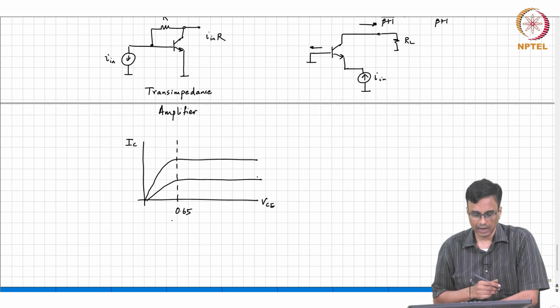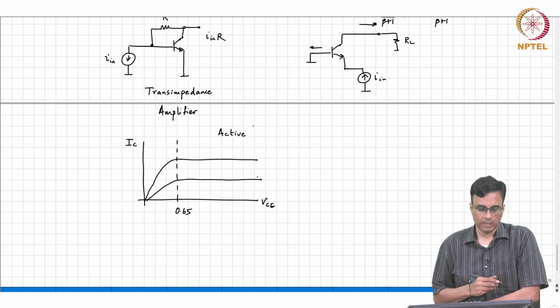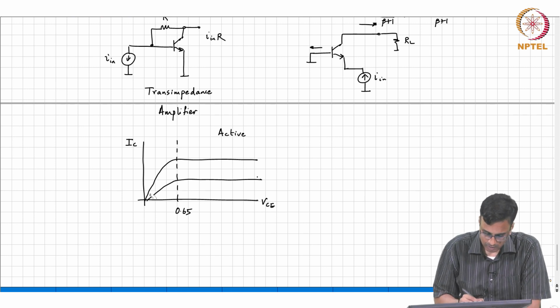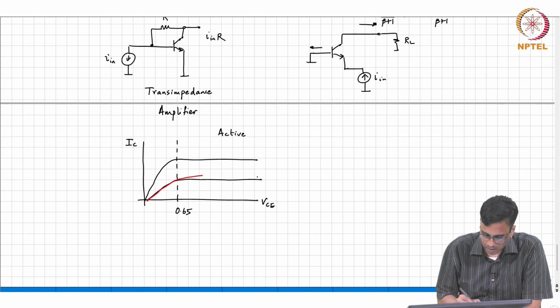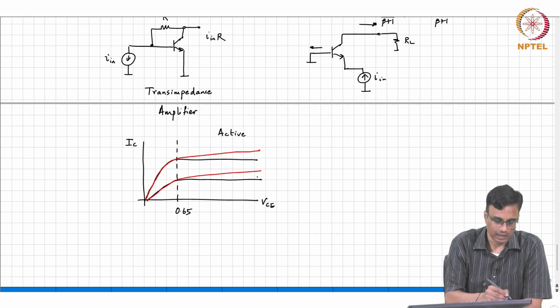So, the collector current in the active region is independent of VC, but in reality, and this is grossly exaggerated, but I think you get the idea, the current is like that.